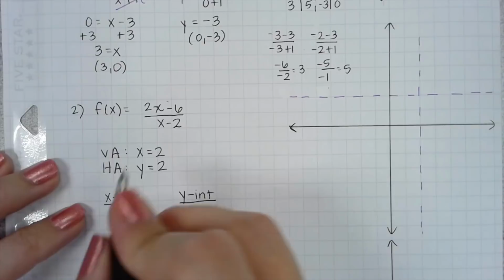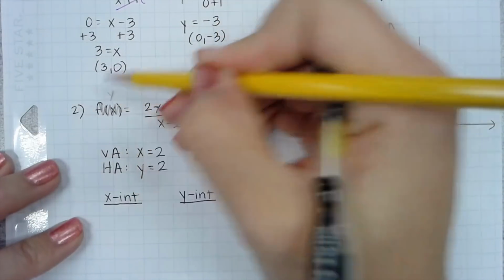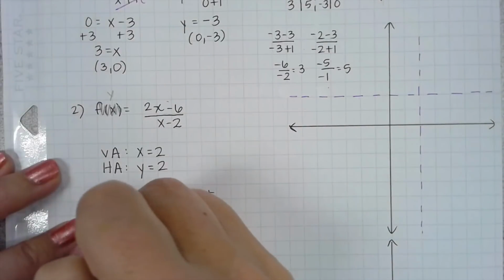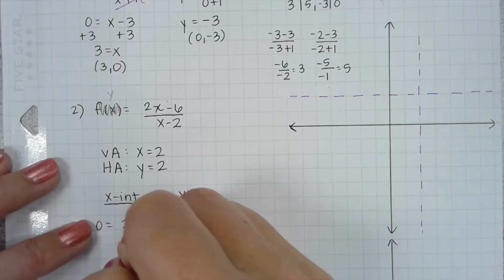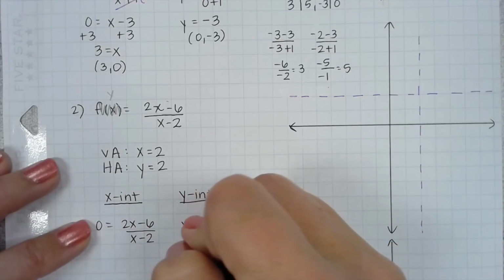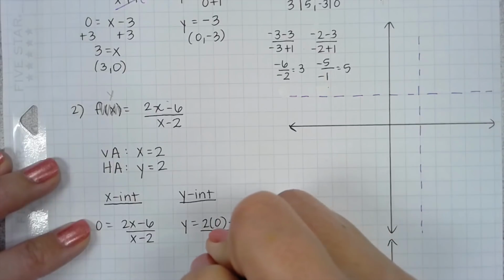So for my x-intercept, I'm going to put a 0 in for my y, and remember that's my y right there. So I'll put a 0 in for my y, 2x minus 6 over x minus 2. And then for this one, the zeros go in for my x's, they don't go in for my y's.